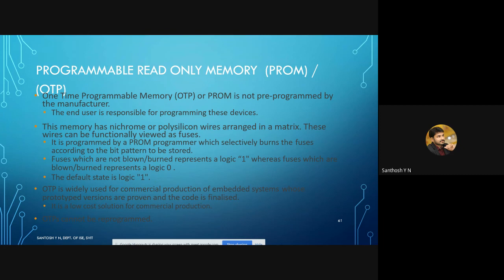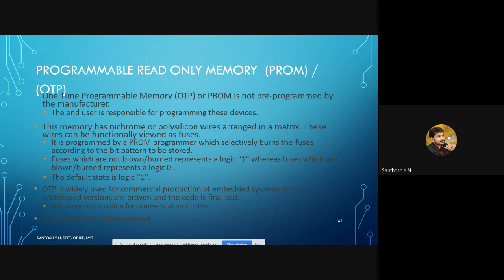It is programmed by the PROM programmer, which selectively burns the fuses according to the bit pattern. A fuse which is not blown is considered as logic 1, and a fuse which is blown is considered as logic 0. So we'll be storing the information in the form of logic 1 or logic 0. If the fuse is blown, just understand it is logic 0. If it is not blown, then it is logic 1.